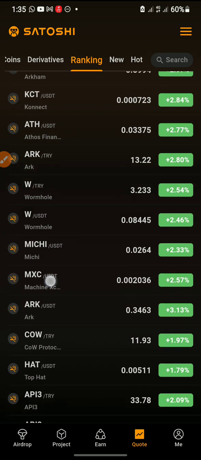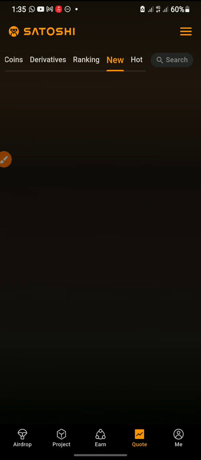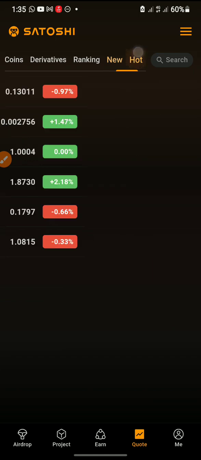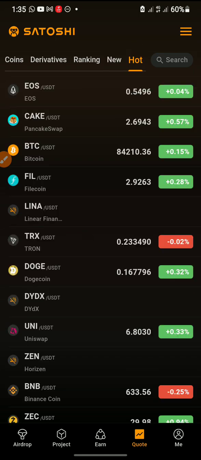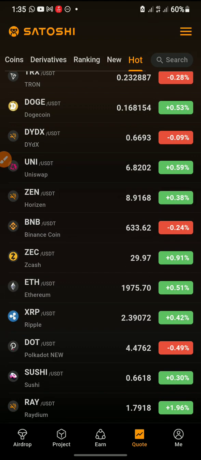I see so many coins here, both the new and the hot. Binance is at $633. Remember, Binance was at 500 and something.